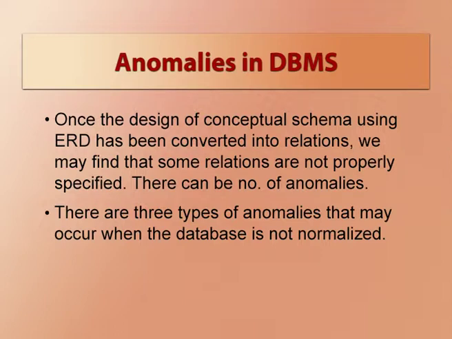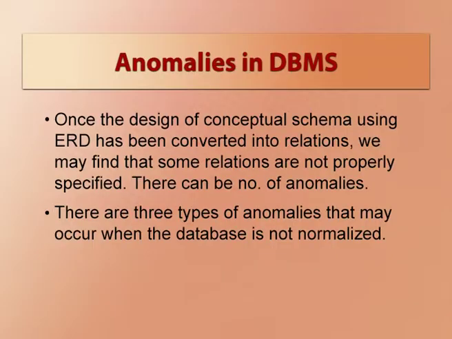When it is converted to relations, you would have identified the keys also, like the primary key, the foreign key and other keys. With that direct conversion, you get only unnormalized tables, not the complete proper database. However, it may suffer from certain anomalies.